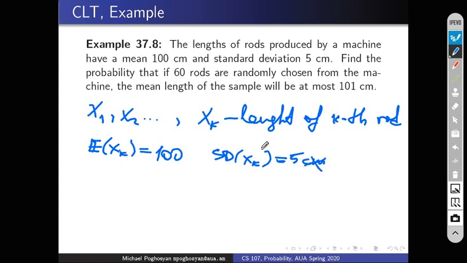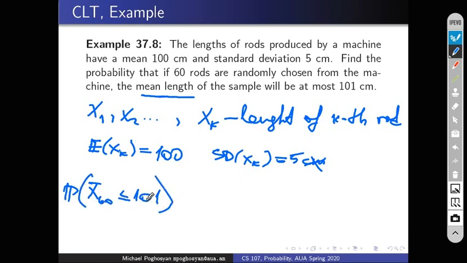So I want to find the probability that if 60 rods are randomly chosen, then the mean length, x60 bar, of that sample will be at most 101. So we want to calculate the probability that the mean length is less or equal than 101.